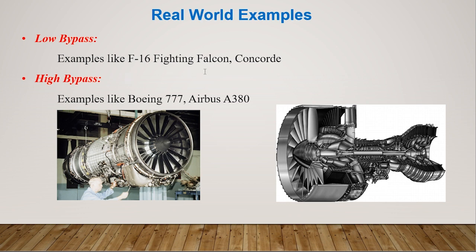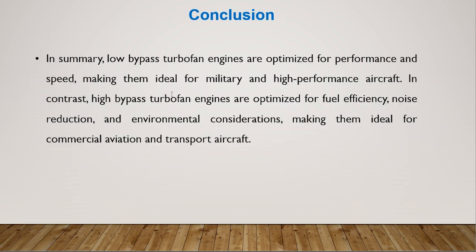It is used in the F-16 Falcon and the Concorde in those days. For high bypass, you can see in this picture the bypass area is huge. It is used in commercial jets, especially the Boeing 777, Airbus 380, and so on.